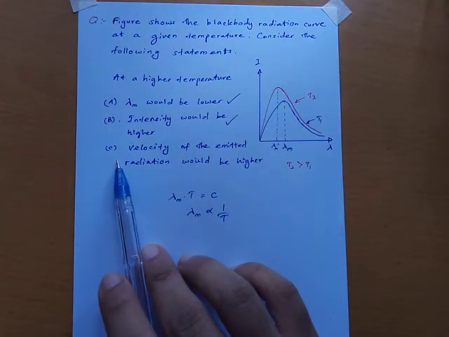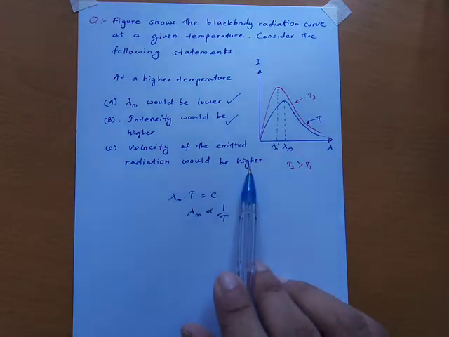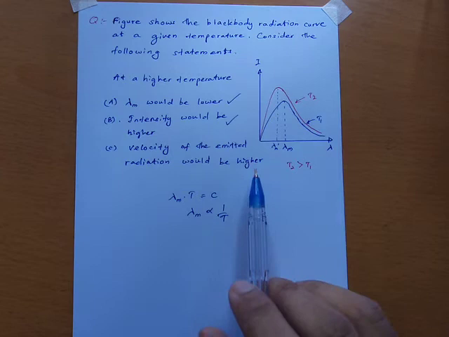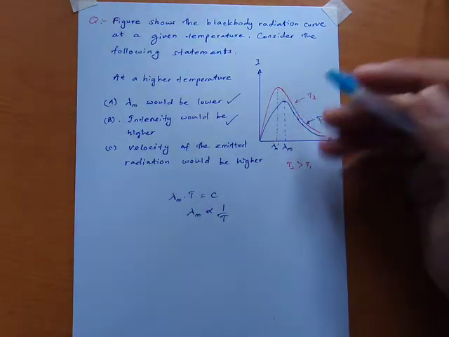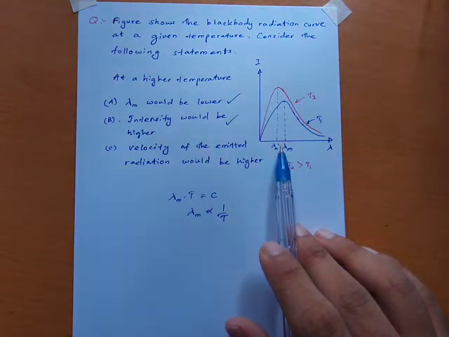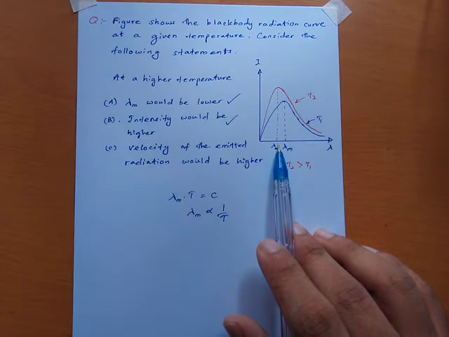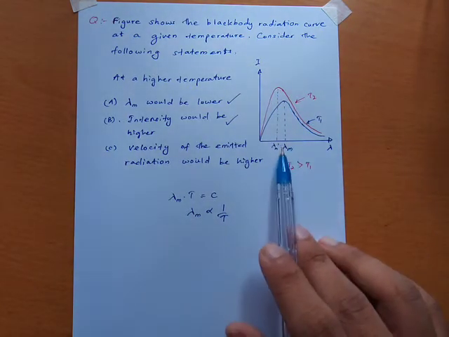And the third statement, statement C: the velocity of the emitted radiation would be higher. What can we say about this? As we increase the temperature, the energy is increased, and lambda m, the wavelength corresponding to maximum intensity, is decreased.